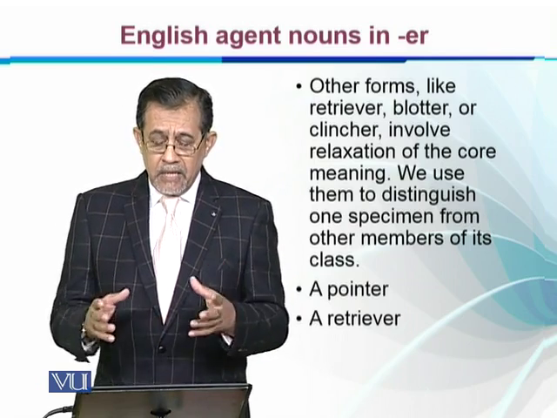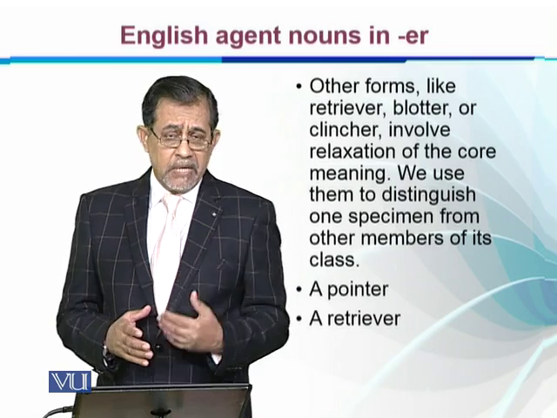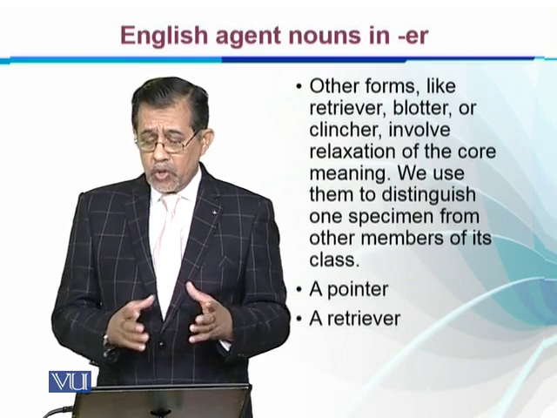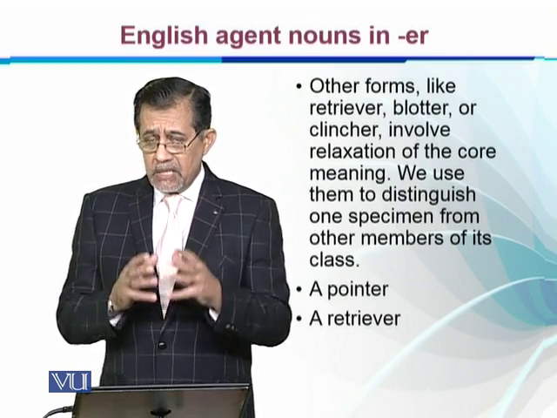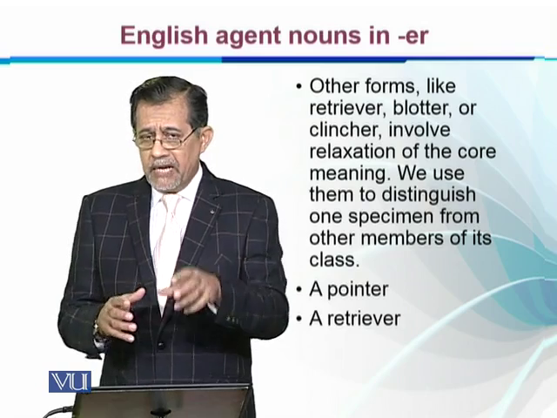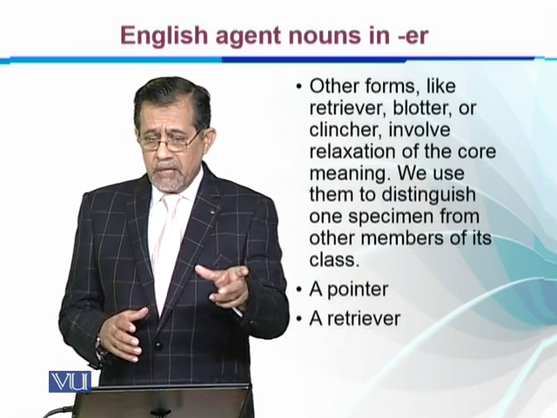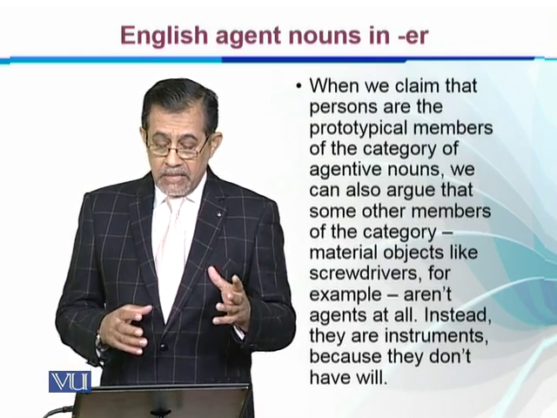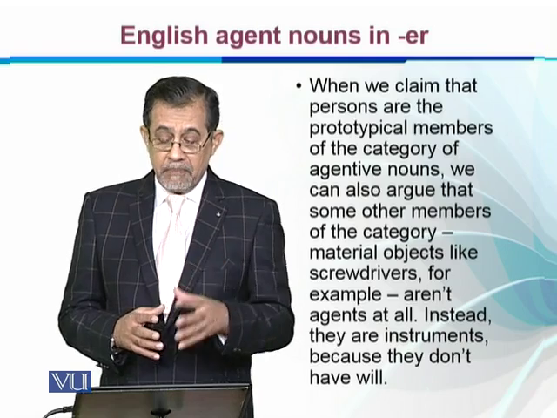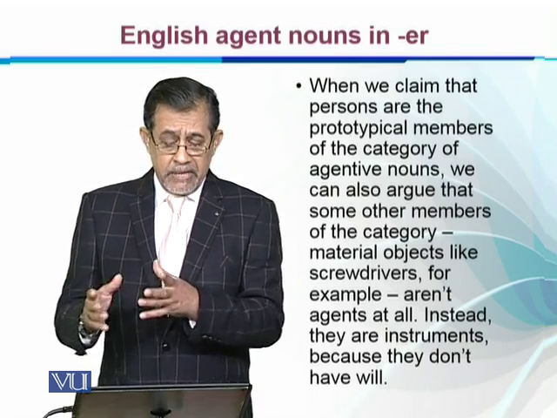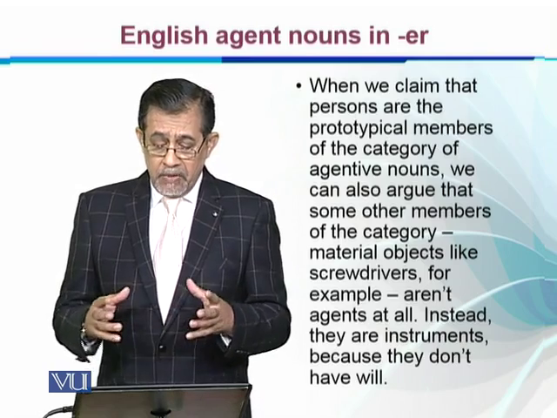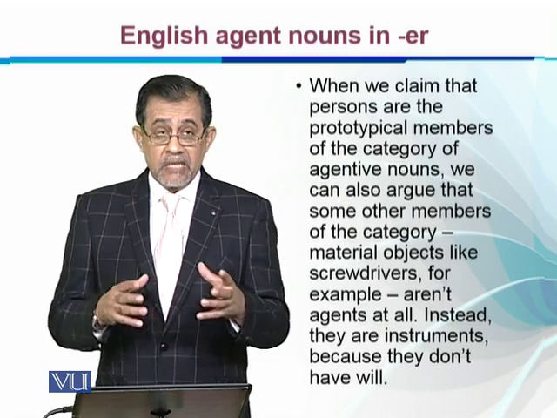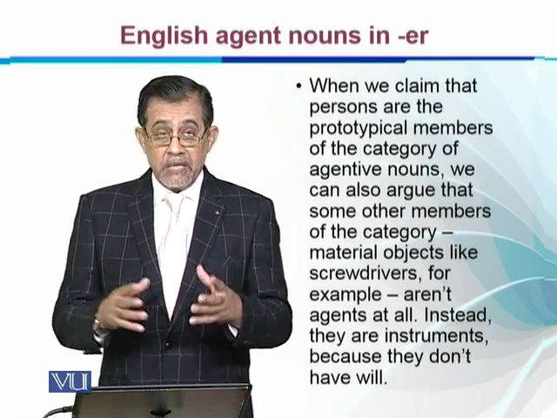Similarly, ER with retriever: retrieve is to get something. So retriever is one that goes and gets the prey. So here ER doesn't have the core meaning which we find in driver, gambler, worker. When we claim that persons are the prototypical members of the category of agentive noun, like driver, worker, we can also argue that some other members of the category, material objects like screwdrivers, aren't agents at all.